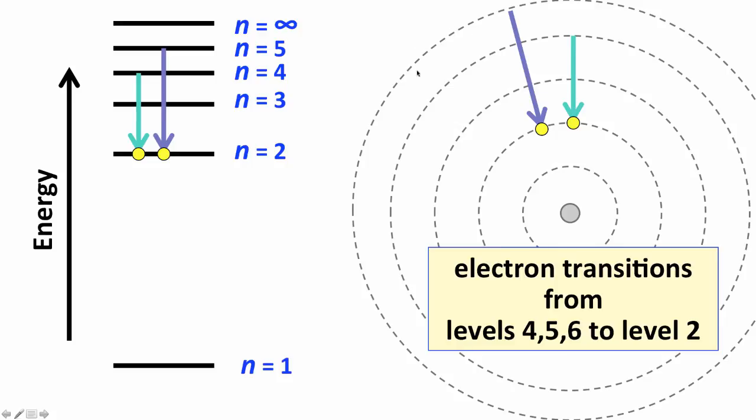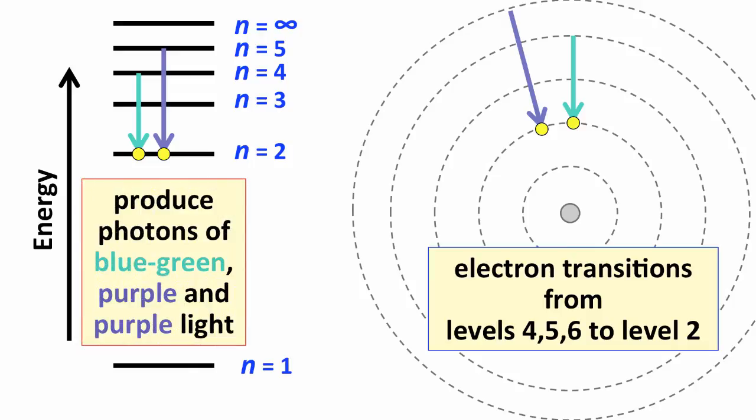It's running out of space to fit so many energy levels and electron shells. So the visible transitions are 3 to 2, 4 to 2, 5 to 2, and 6 to 2 for hydrogen. And they produce photons that are red, blue-green, and purple, respectively. Other transitions occur as well, but we can't see those.